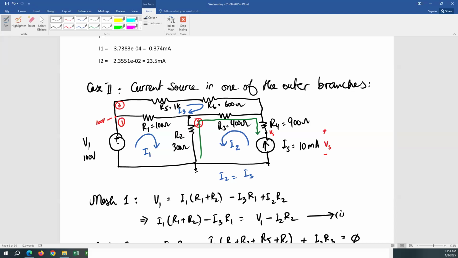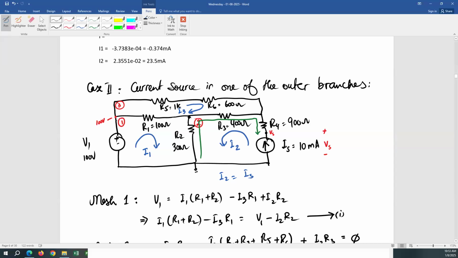So you can start from any node, go to any node, and calculate the voltage. You don't have to have a closed loop, because for KVL application, you have a closed loop, of course. So that's the voltage Vs.